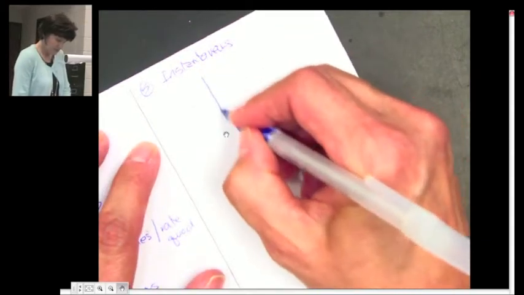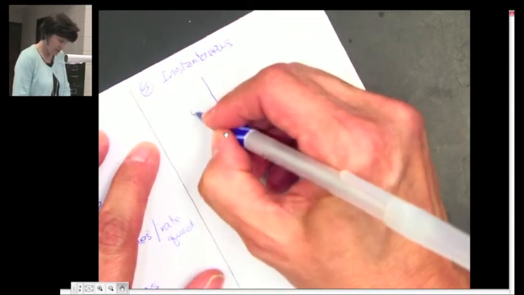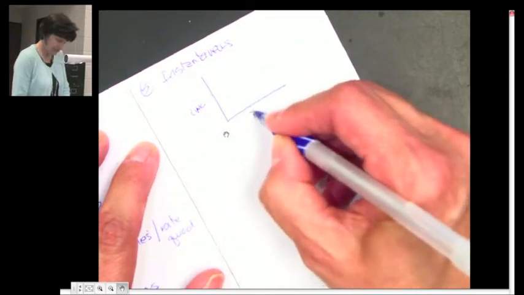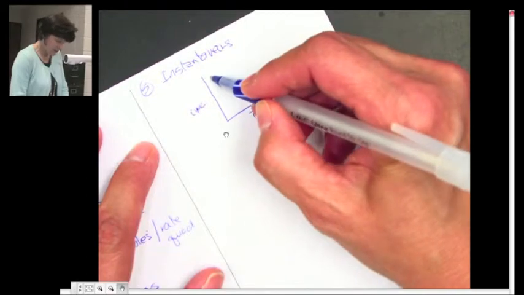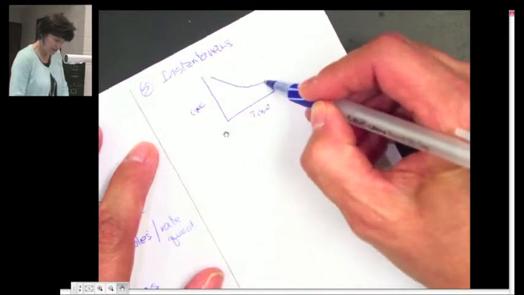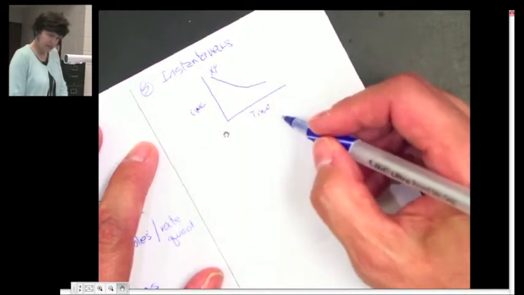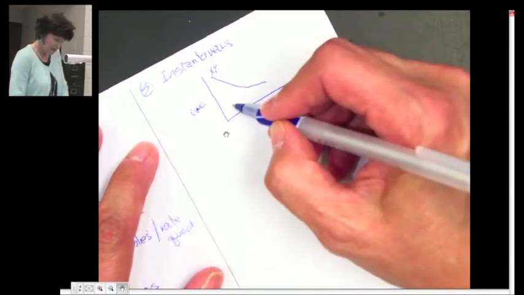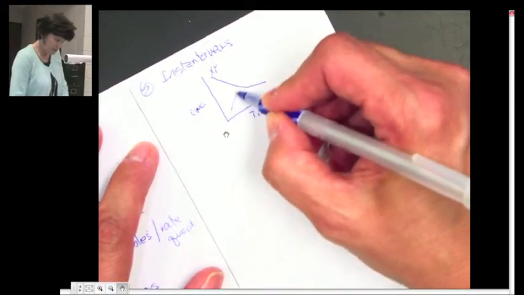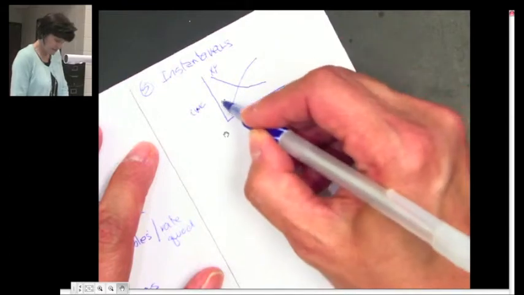we've got this curve, graph, with concentration on the y-axis and time on the x. And we have a reactant, which is going to decrease over time like this. So we're going to put x and y here. And we have a product, which is going to increase in time like this.